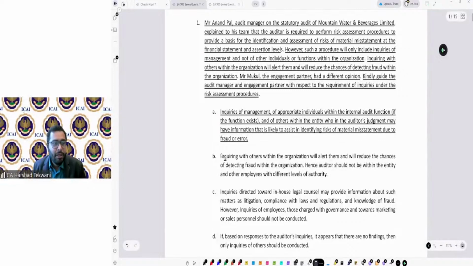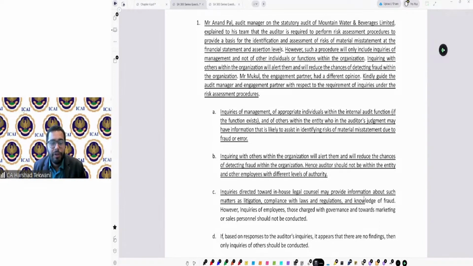Option two, inquiring with others within the organization will alert them and will reduce the chance of detecting fraud within the organization, and hence the auditor should not communicate with other employees of different levels of authority. Third, inquiries directed toward in-house legal counsel may provide information such as matters in litigation, compliance with laws and regulations, and knowledge of fraud.